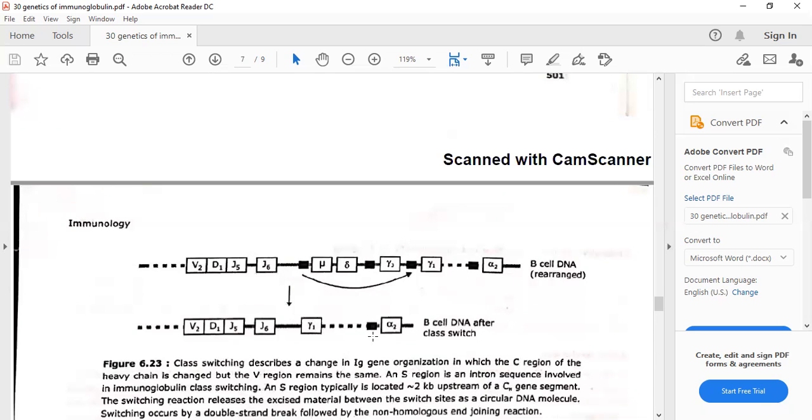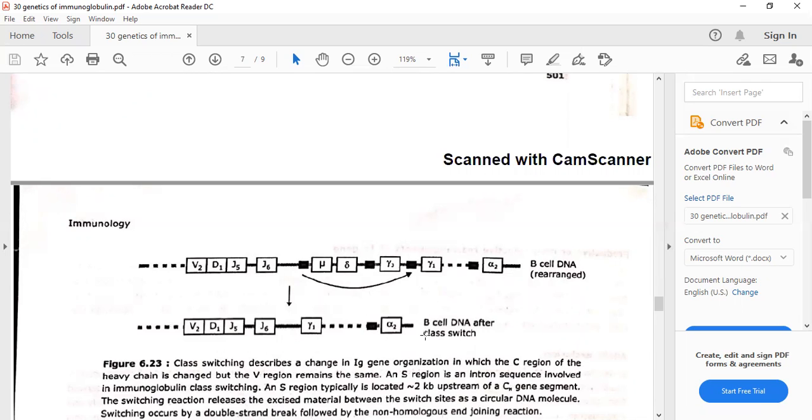The first antibody after the J chain will be the antibody that is synthesized after the VDJ recombination and the class switching. So this portion is responsible for the variable region, and this portion is responsible for the constant region, which will decide the type of antibody in the heavy chain.